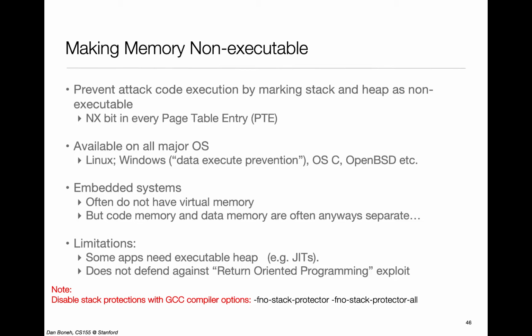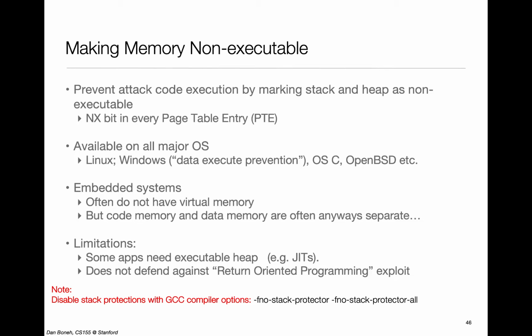It's typically available on all major operating systems such as Linux and Windows, which calls it data execution prevention, and so on. However, embedded systems often don't have this virtual memory, but code memory and data memory are often separate anyways. But there are limitations to these approaches.